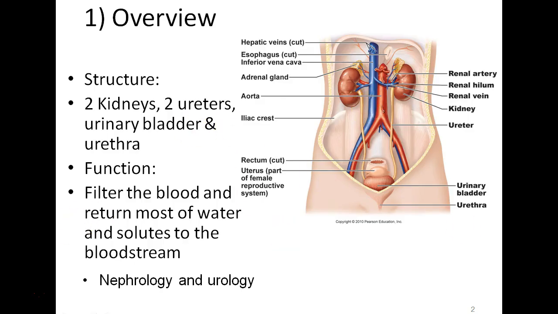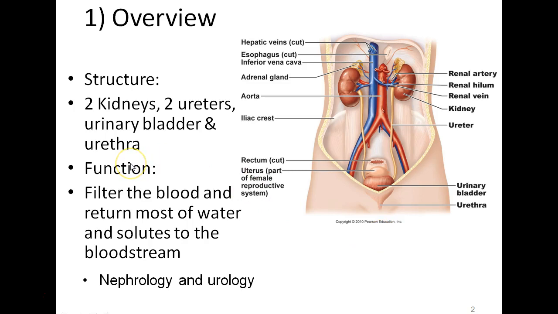So we start off talking about an overview, just some gross anatomy of this abdominal cavity. We see two kidneys in this image, and these are located retroperitoneal. We can also see the presence of two ureters, leading to a urinary bladder, and exiting from that urinary bladder is going to be the urethra for both male and female structures.